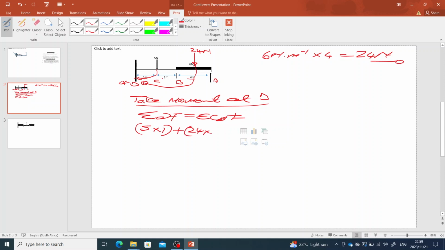The distance would be 4 plus 2, that would be 6, equals to the only anti-clockwise that I have, it is at A, the reactional support, the unknown that I'm looking for. When I move towards where I've taken moment, the direction is anti-clockwise. Then it will be RA multiplied by perpendicular distance from here to there, which is 6.